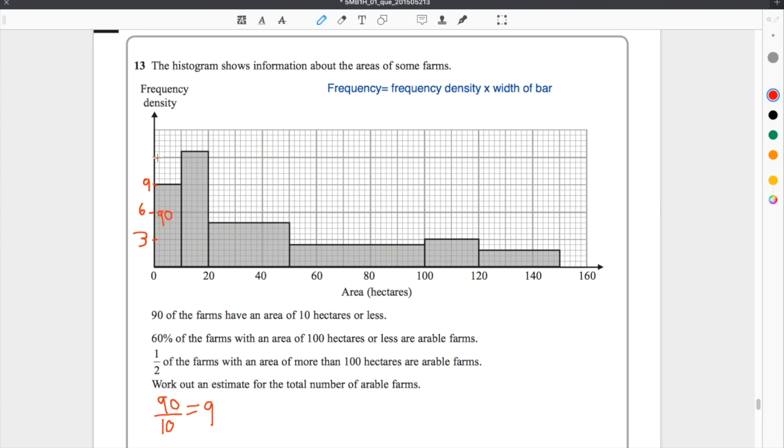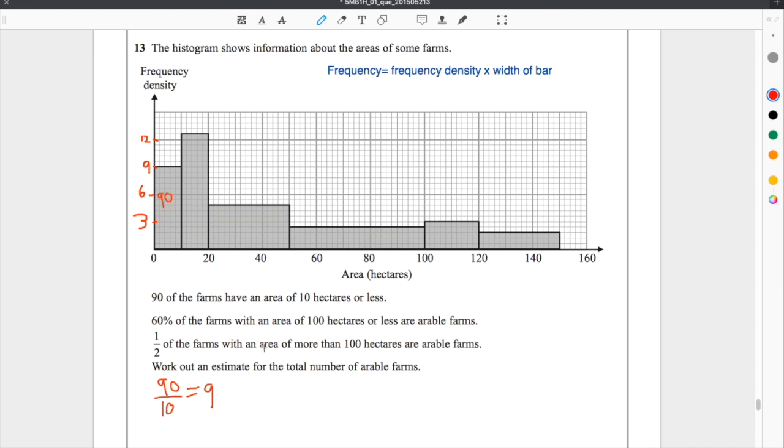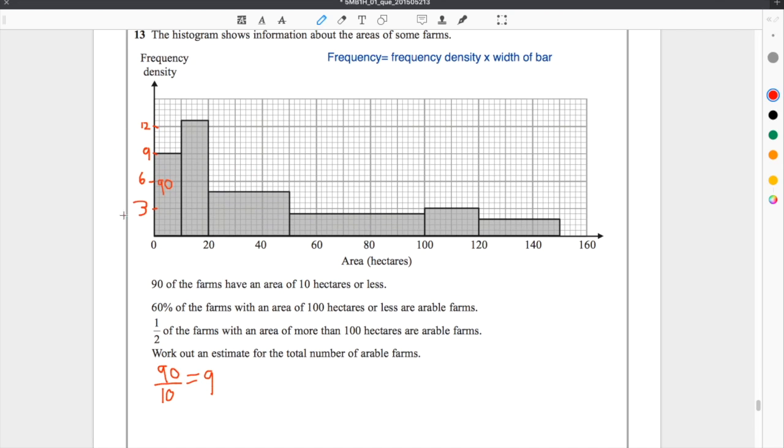So this is going to be 12, adding 3 onto that, and the top bar is going to be 15. But we don't really need to add that on, okay? Next thing to work out would be how much each little square is worth in terms of value. Well, each bigger square is 3, and there's 5 mini squares for each big square. So 3 divided by 5 would give us 0.6.